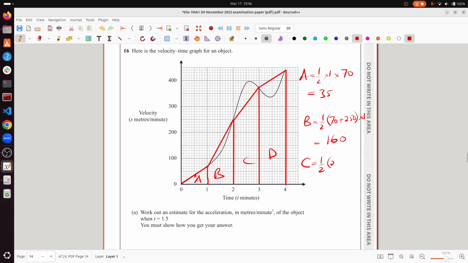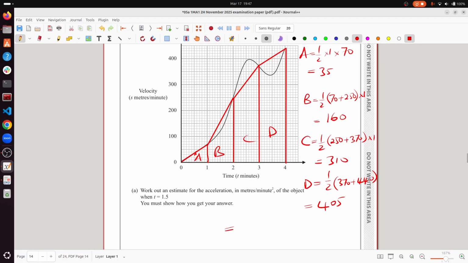For C, we have half sum of the parallel sides. So that is 250 plus 350, that's 600, times by 1, so that is 300. And D is half, 350 plus 450, and that is 400. Now the distance is the summation of all of those areas.